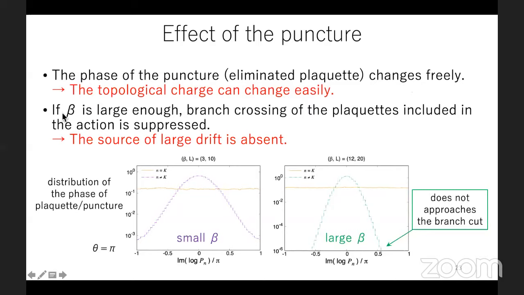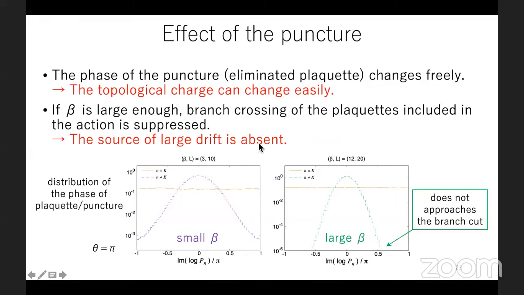And if beta is large enough, branch crossing of the plaquettes included in the action is suppressed. Only the eliminated plaquette goes across the branch cut; the plaquettes included in the action do not go across the branch cut. It means the source of the large drift term is absent.